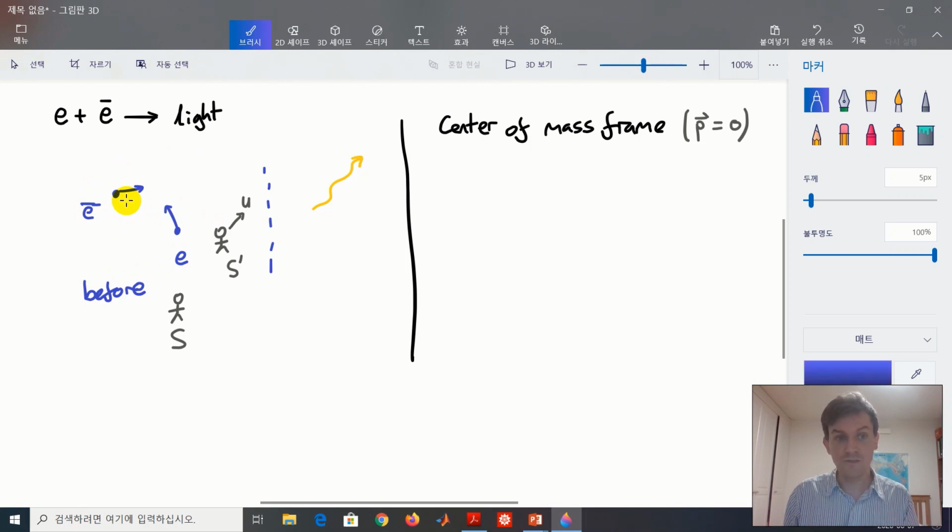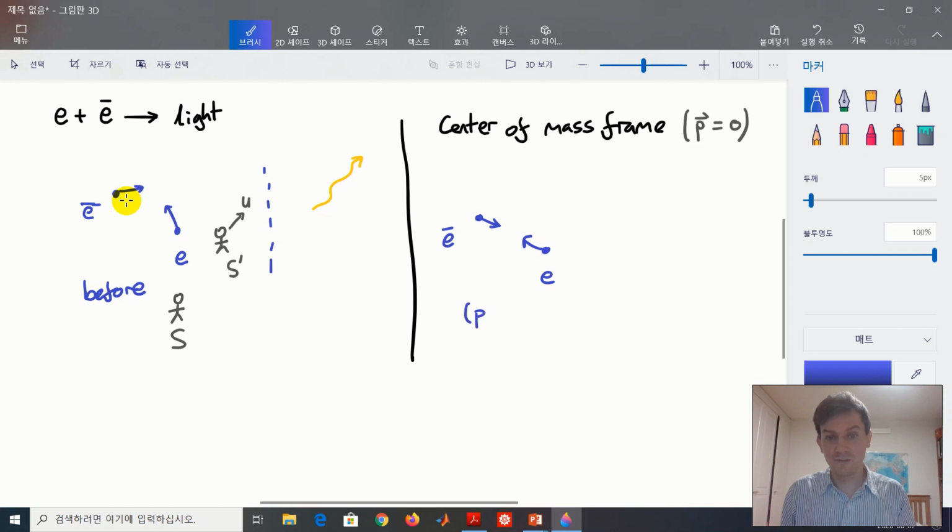Right, so now if I were to draw the same interaction from the S prime perspective, you see that you have a positron and an electron, and because the total momentum is 0, they must be traveling at equal speeds and in opposite directions like this, right?